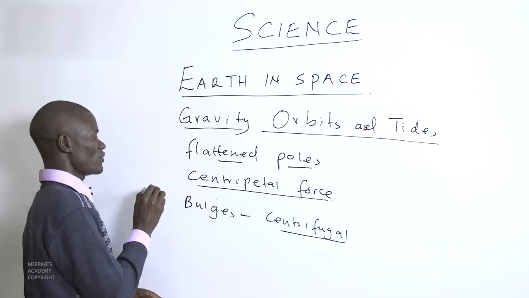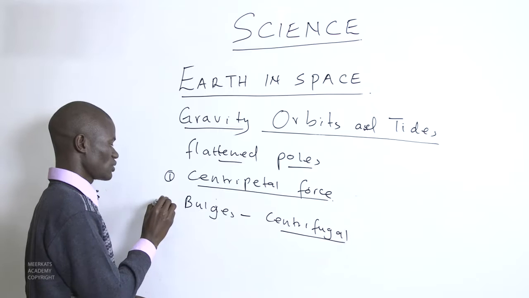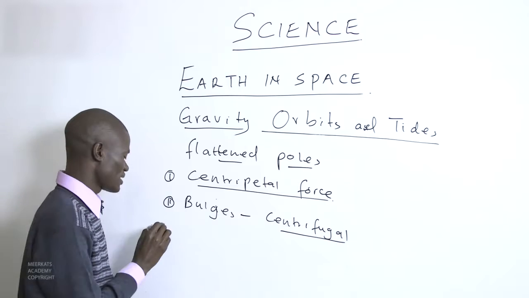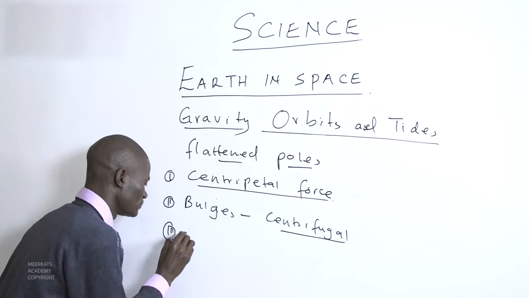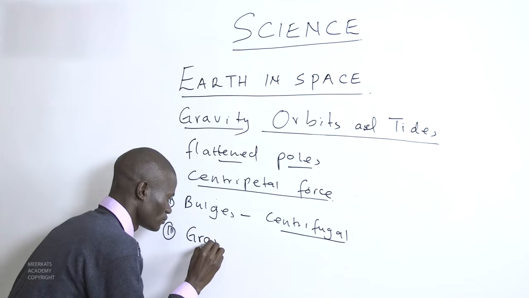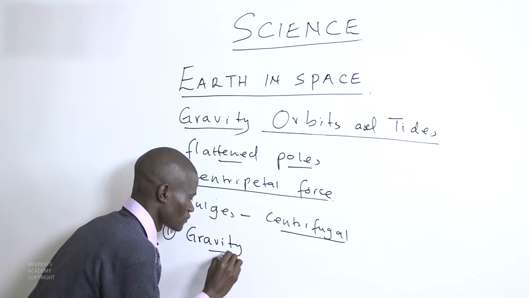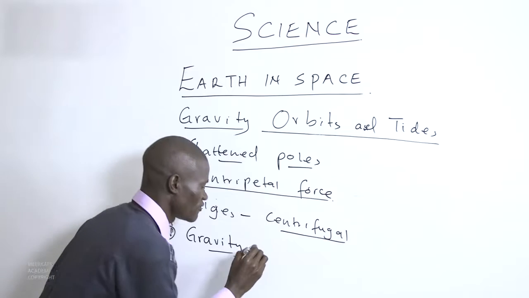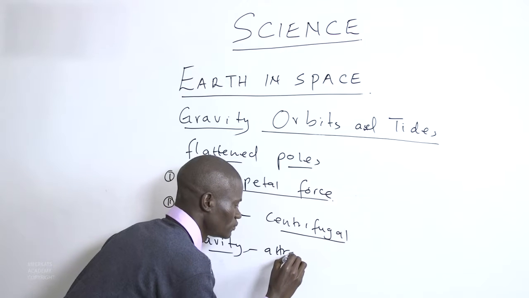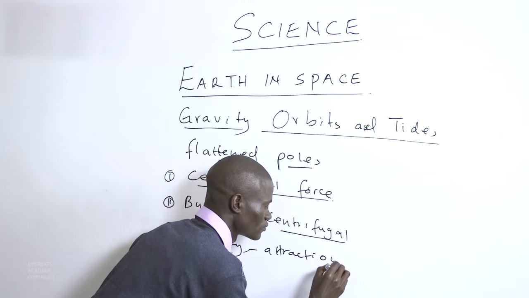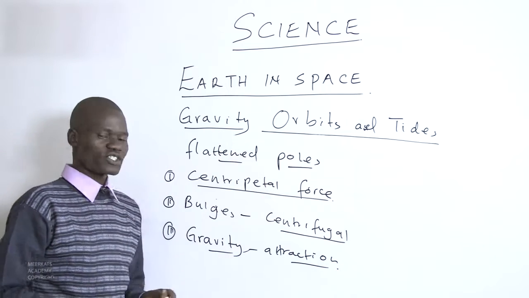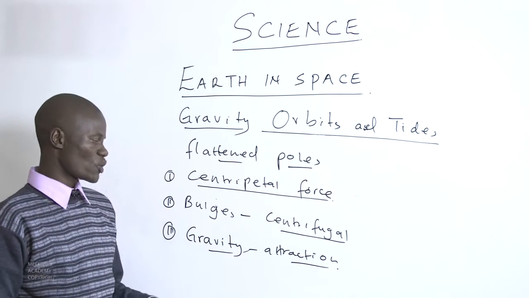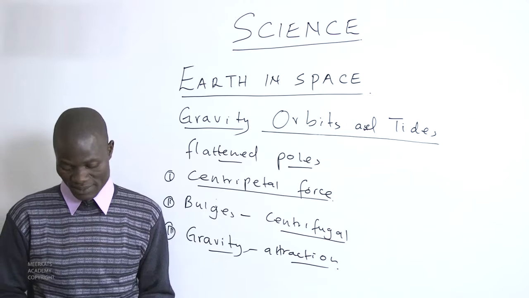And then another force that we will look at is gravity. Gravity is the force of attraction. This force tends to pull all objects towards the center of the Earth.